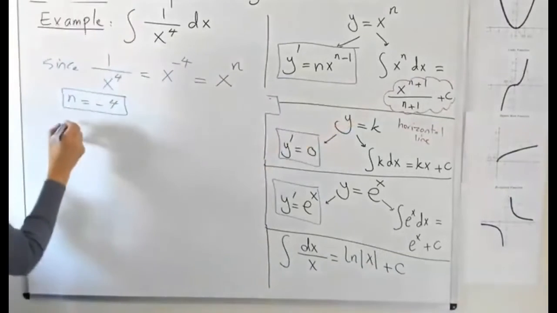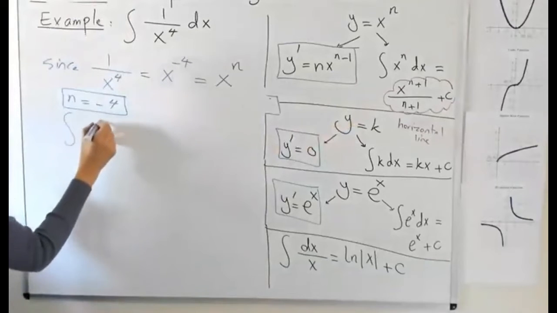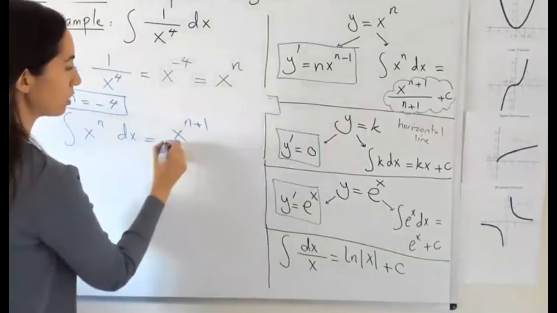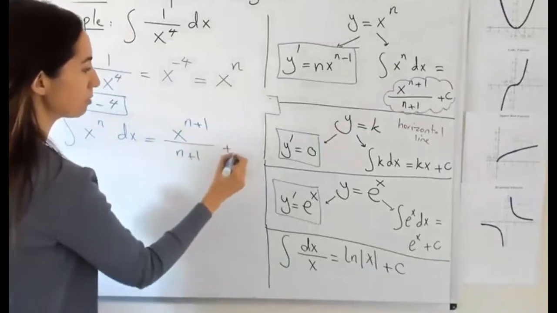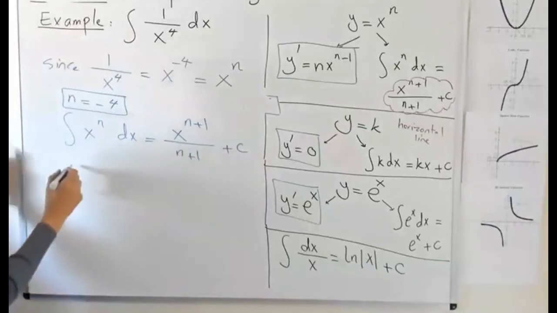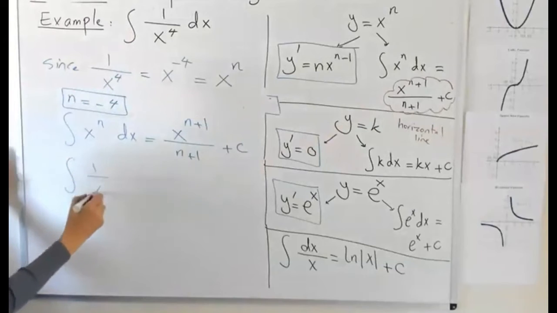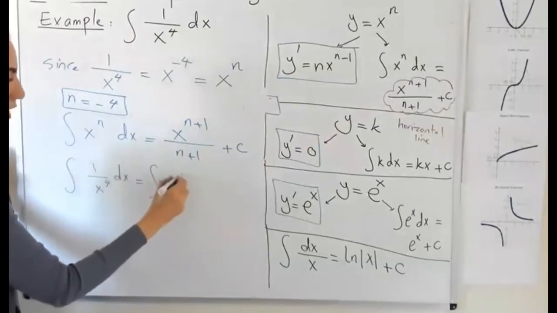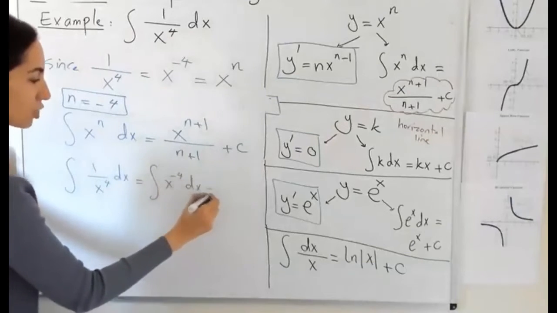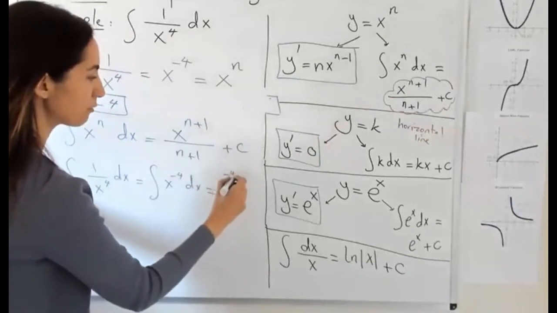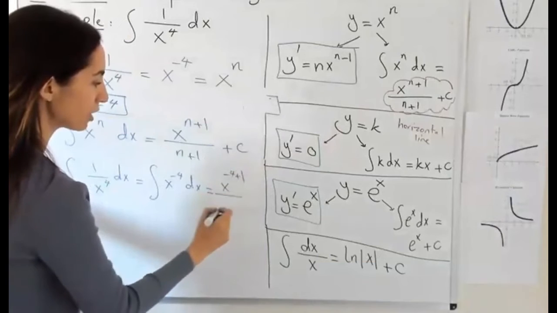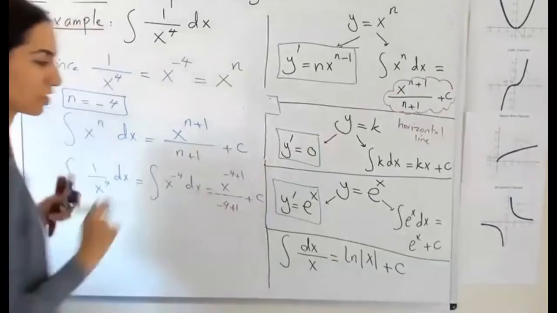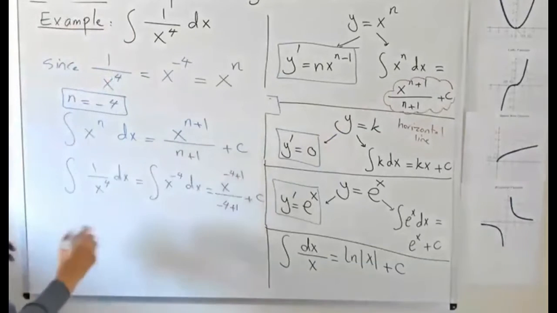So let us follow the formula. The integral of x to the n dx is x to n plus 1 over n plus 1 plus constant of integration. So the integral of 1 over x to the fourth dx can be written as x to negative 4 dx, which is equal to x to negative 4 plus 1 divided by negative 4 plus 1 plus constant of integration. Okay, almost done.